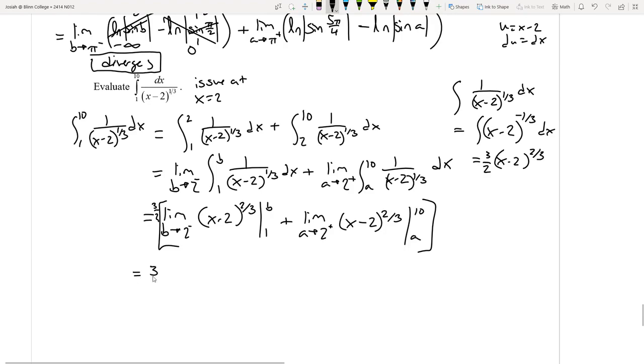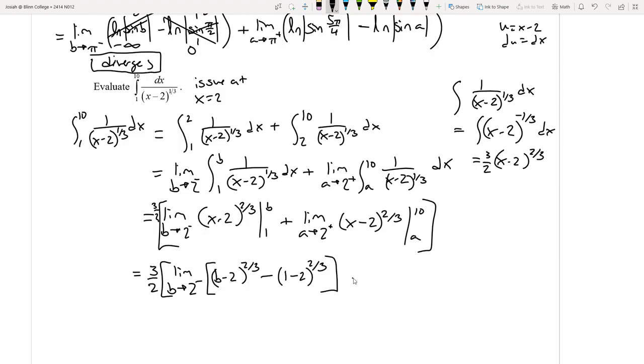So we get 3/2 times the limit as b approaches 2 from the left. And then we'll have, let's see, b minus 2 to the 2/3 minus 1 minus 2 to the 2/3 plus the limit as a tends to 2 from the right. And then in here we'll have 10 minus 2 to the 2/3 minus a minus 2 to the 2/3.